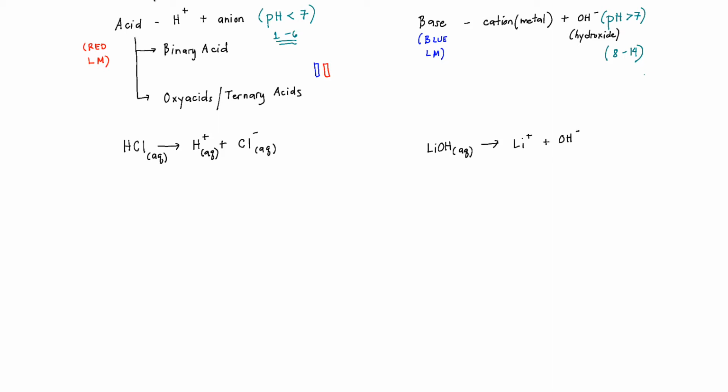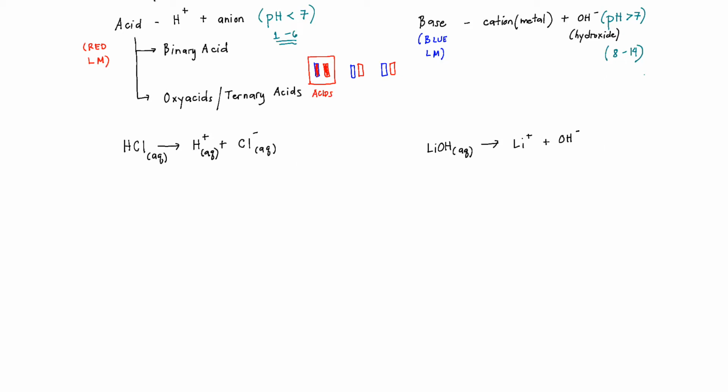So here, if we have these sets of litmus paper, for the acids, when you put these two litmus papers into an acidic solution, the red of course will remain red and the blue will become red.